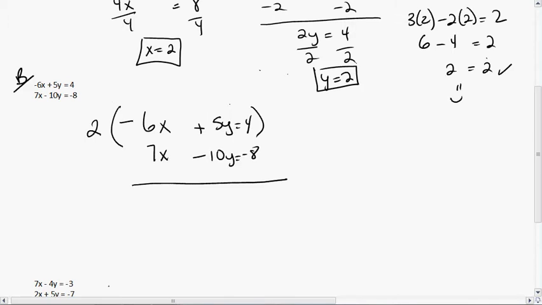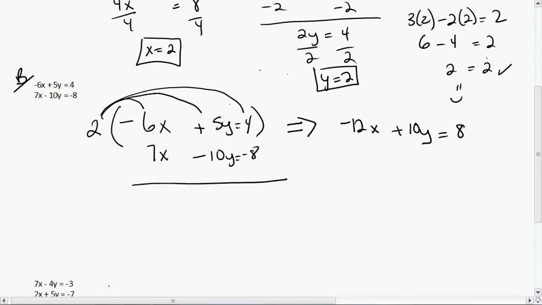So here I go. I'm going to multiply 2 times each of the terms and the constant in my top equation. And this is going to turn into 2 times negative 6, or negative 12x, 2 times 5, or 10y, and 2 times 4, or 8.